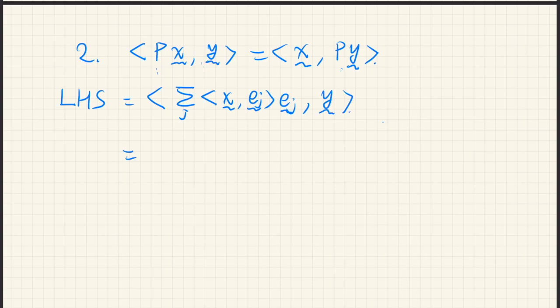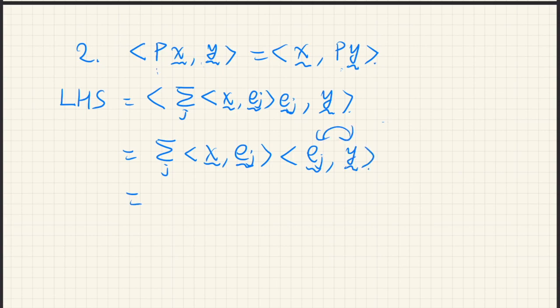And by using the linearity of the inner product, we can take this summation out and this inner product out, and what's left is e_j times y here. And of course the inner product is commutative, so we have e_j times y, e_j.